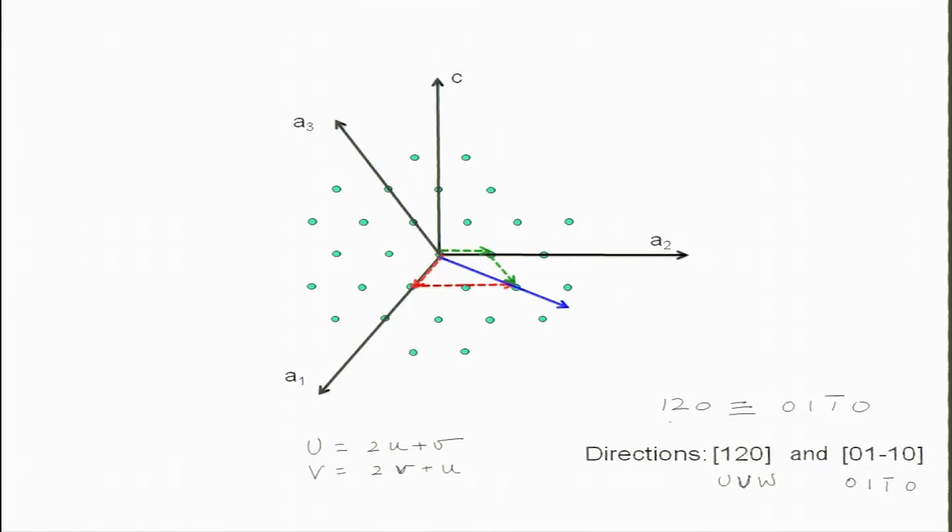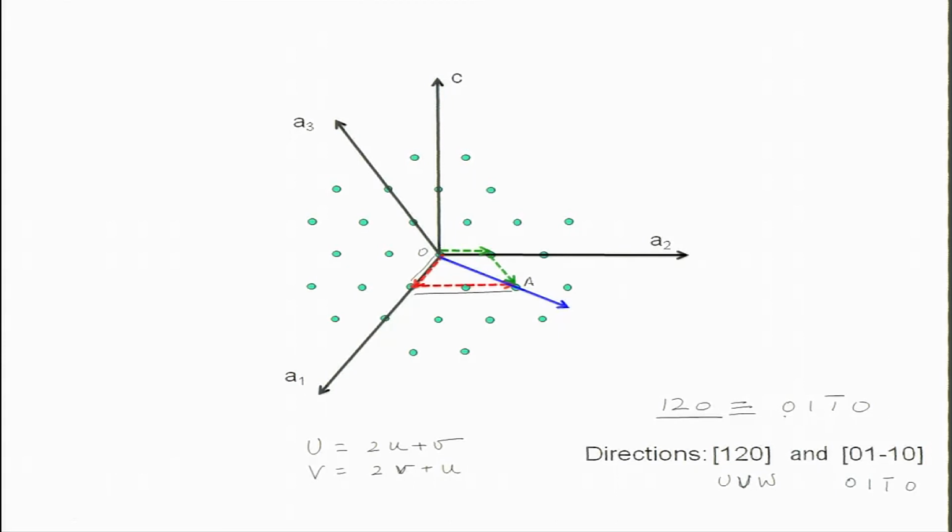So, in the first case, this is 1 2 0, 1 along A1, 2 along A2. So, I move from O to A. In the second case, I convert this into 4 axis system. So now 1 2 0 becomes 0 1 bar 1 0.